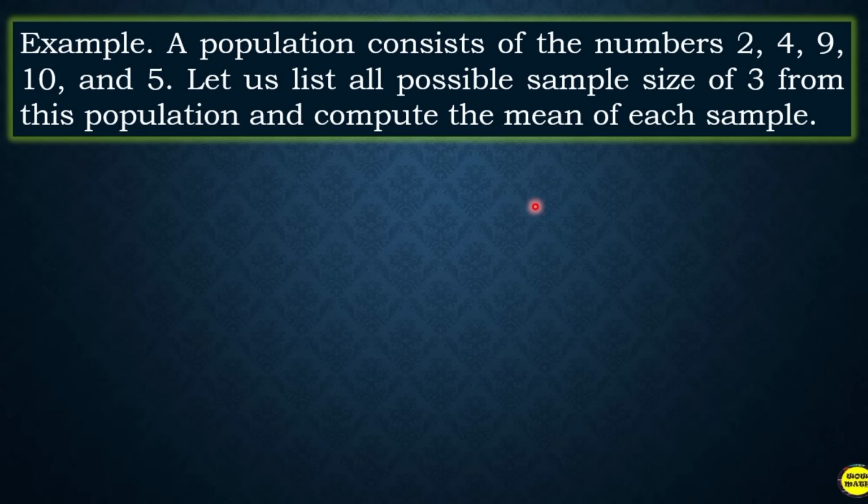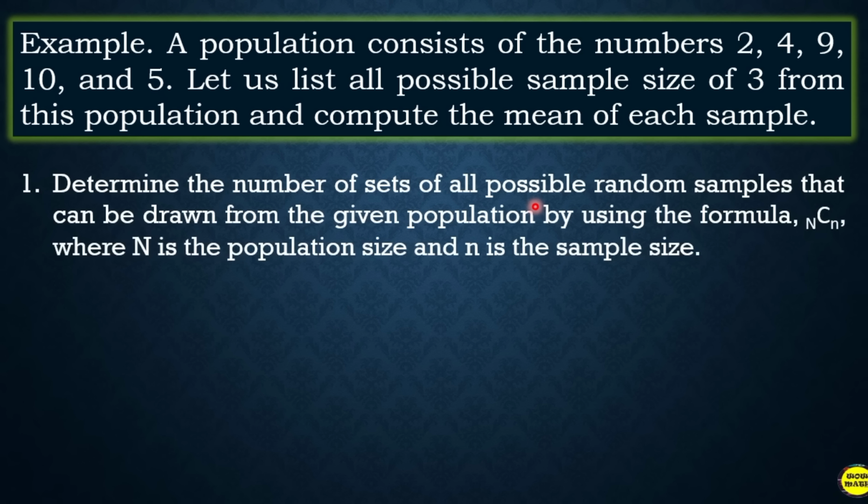Now class, we have 5 numbers from the population, and we will get all the possible samples of size 3. So first step is to get the possible random samples using the formula of combination.